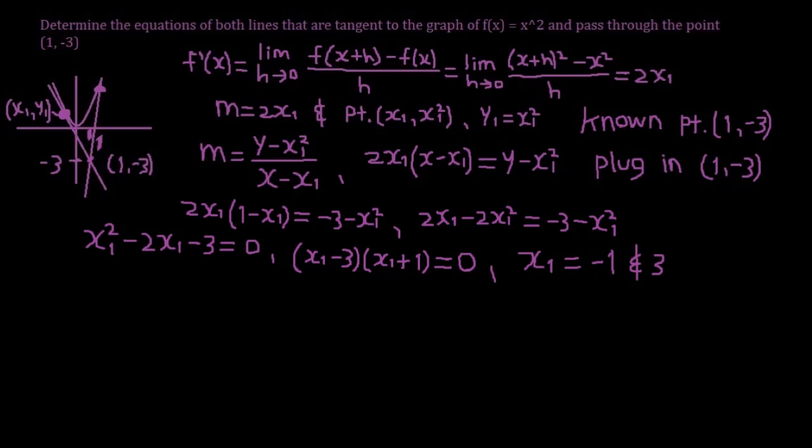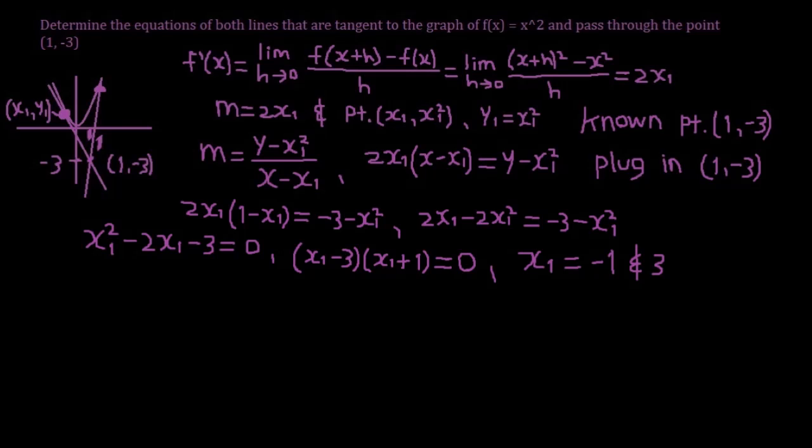So you have 2x initial, and you could see it works out, I'm just going to skip ahead, to x initial squared minus 2x initial minus 3 equals 0. If you work out your quadratic formula to find the quadratic zeros, it gives you two x values.